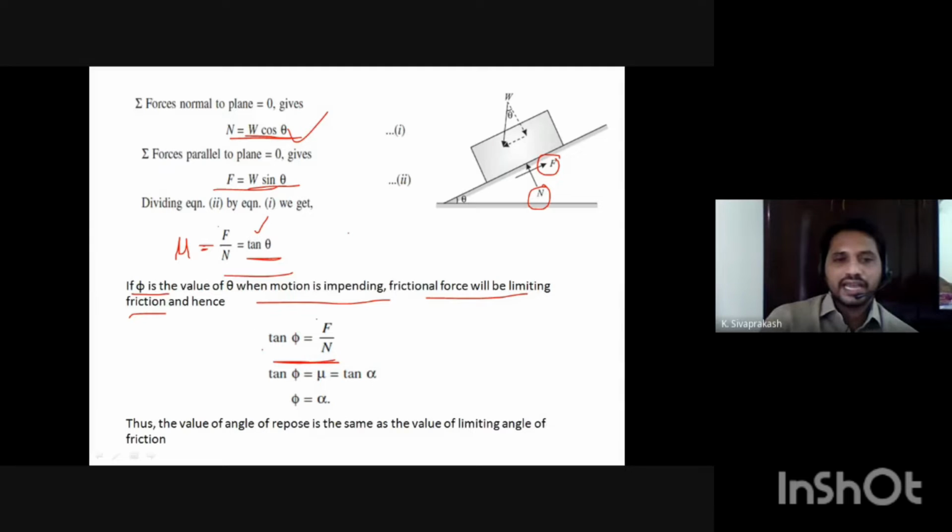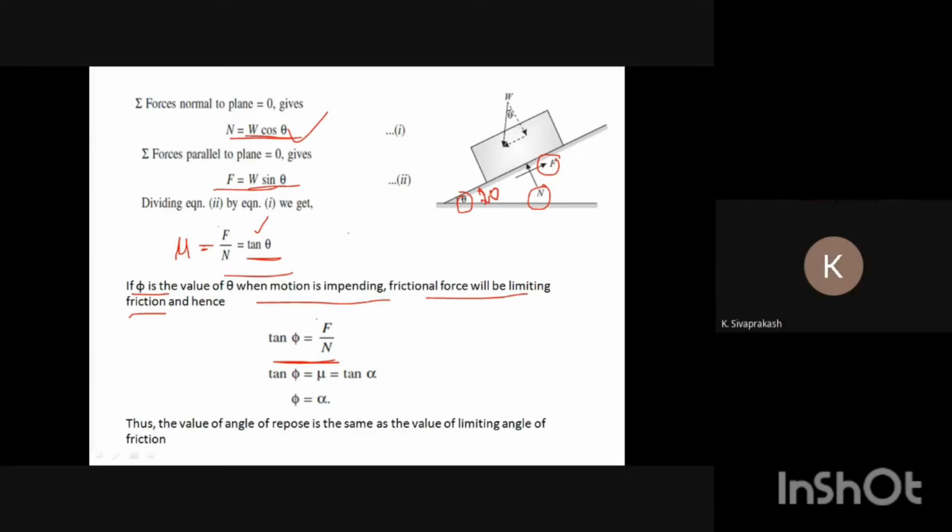By taking the angle of repose phi, the theta increases up to phi. This theta is the same, this is also phi only. So that's why tan phi is equal.